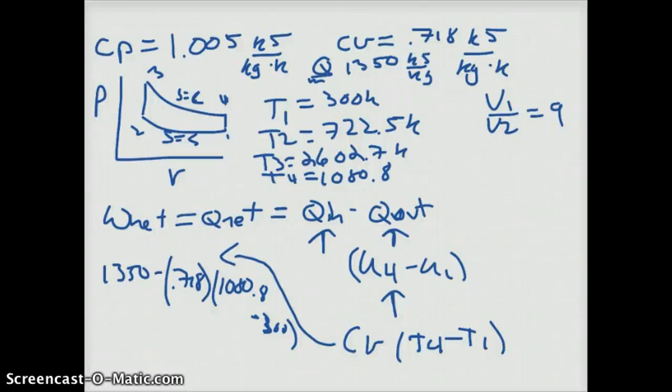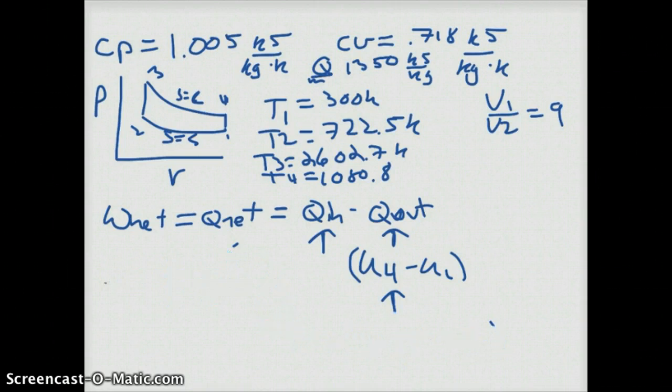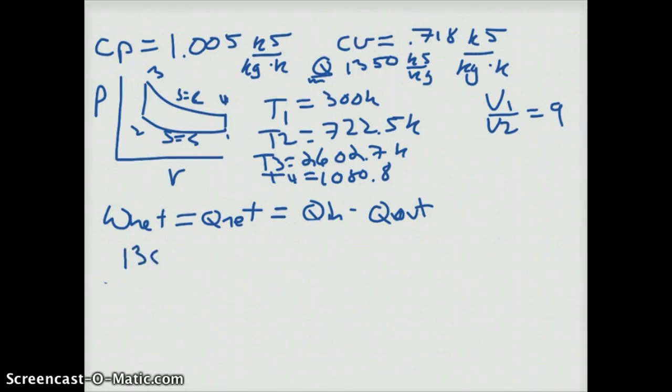Sorry, it's a bit messy, so I'm just going to rewrite it again. 1350 minus 0.718 times 1080.8 minus 300.